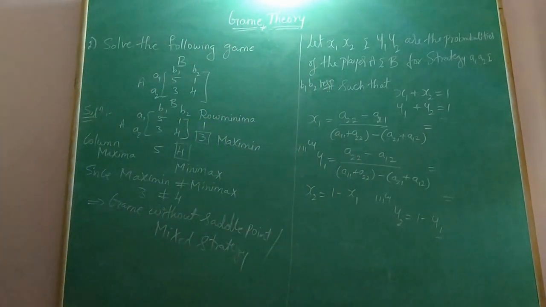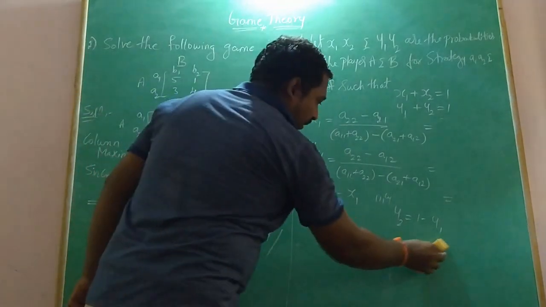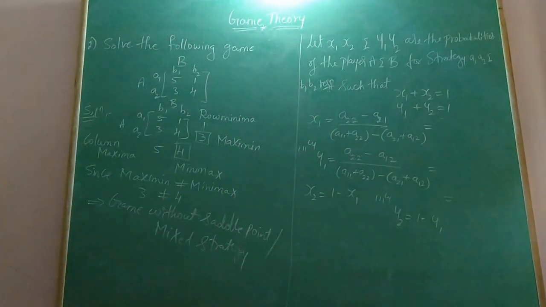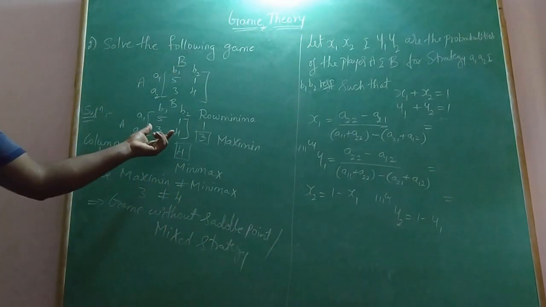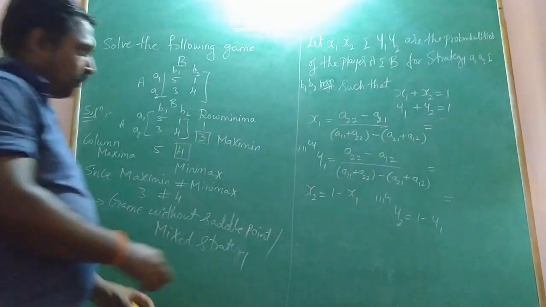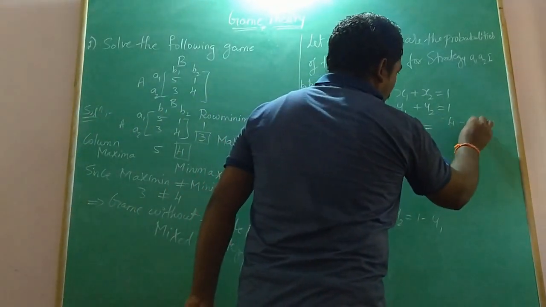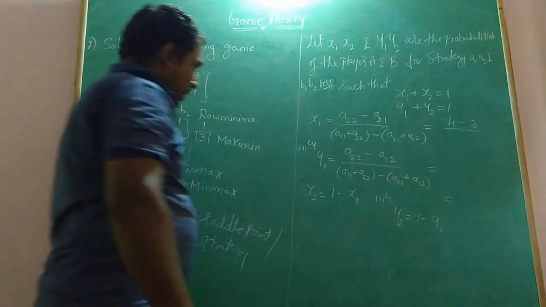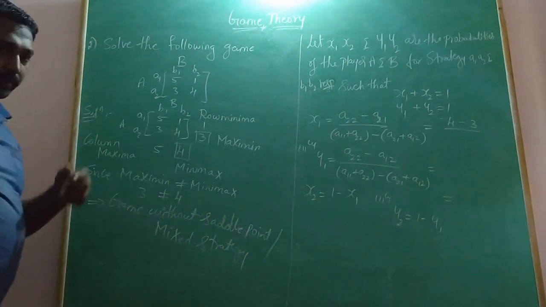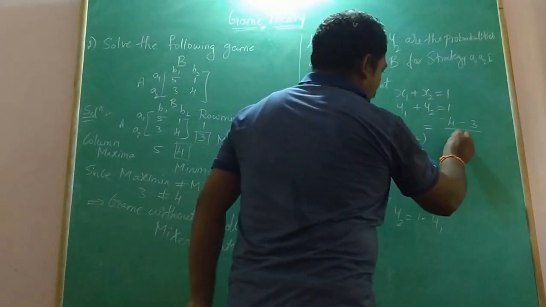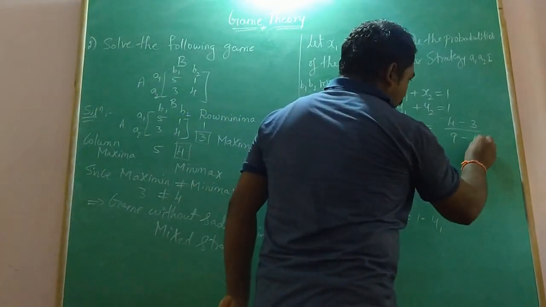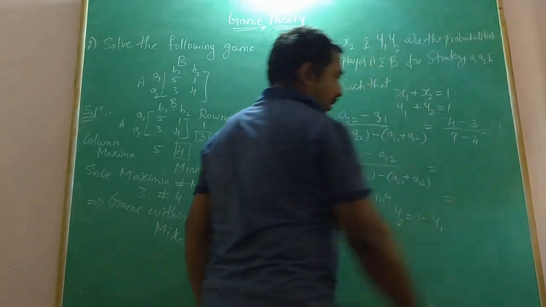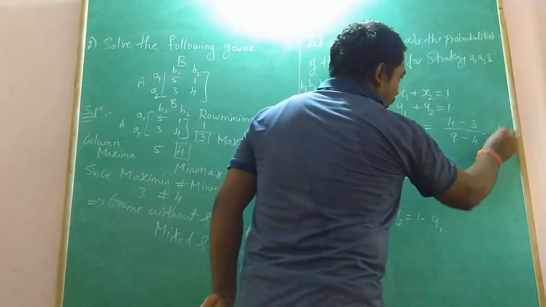Let us find the probability values for the given problem. That is the x1 value: in this table, 4 minus 3, divided by the diagonal elements, we need to add 5 plus 4, it is 9, minus 3 plus 1, which is 4. 4 minus 3 is 1. 9 minus 4 is 5.